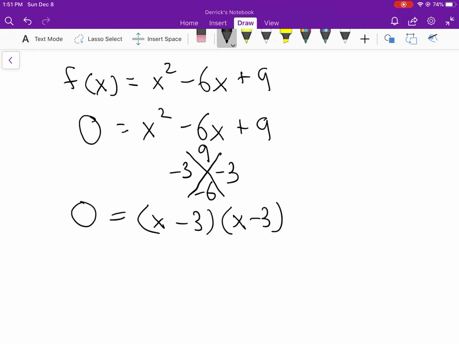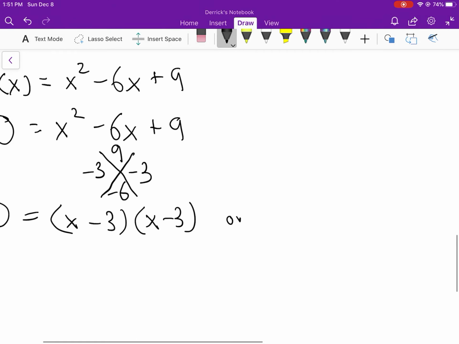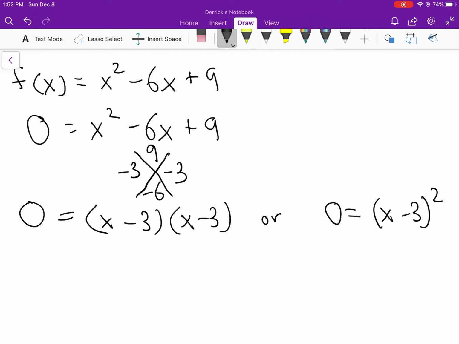Or you could also write that as 0 equals x minus 3 squared. Now it really doesn't matter which way you look at this. Either one of those means the same thing, and the ending is still the same. You end up getting x equals 3. Now the reality is, we solved that out twice, right?